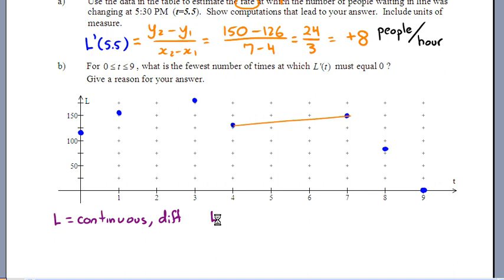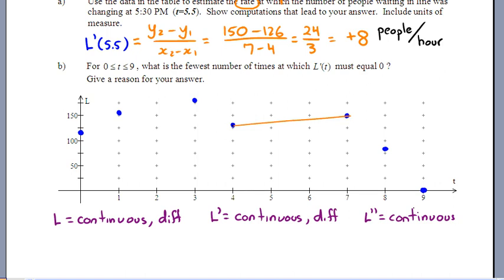And I also know that L prime is going to exist because they said it's twice differentiable. So L prime is going to have to be continuous and differentiable. That way I can take another derivative and I get to L double prime. So L double prime has to exist. I suspect that it's going to be a beautifully continuous function as well, although that might be open to some debate.